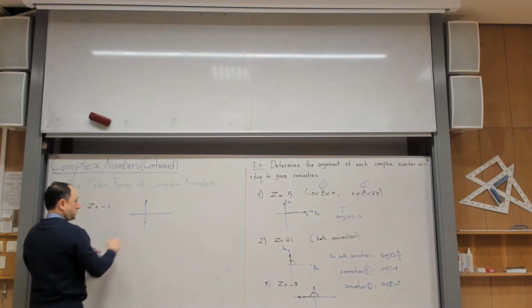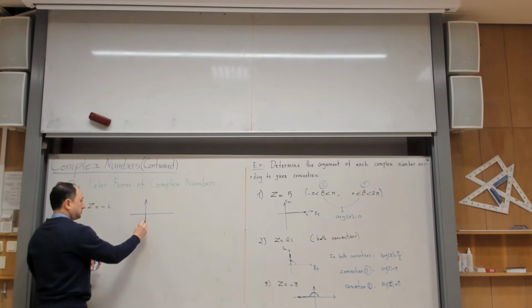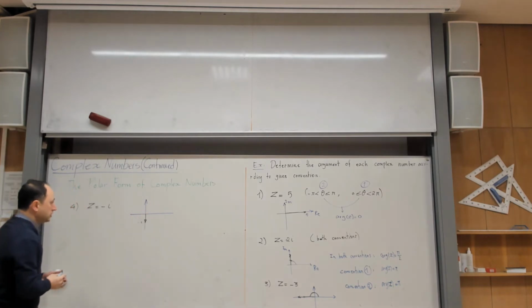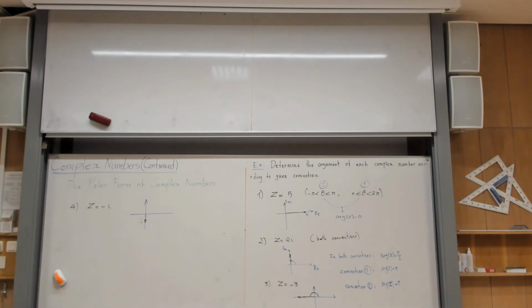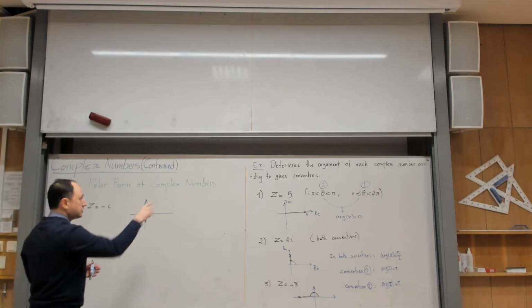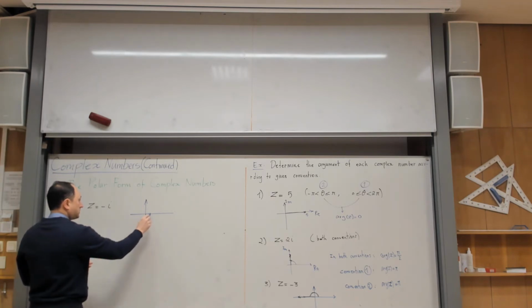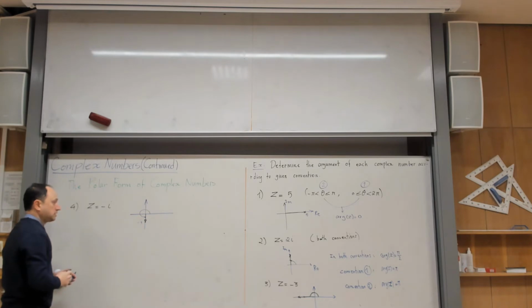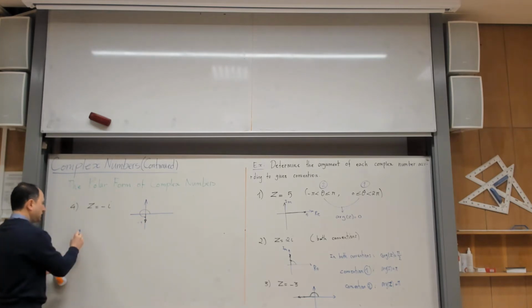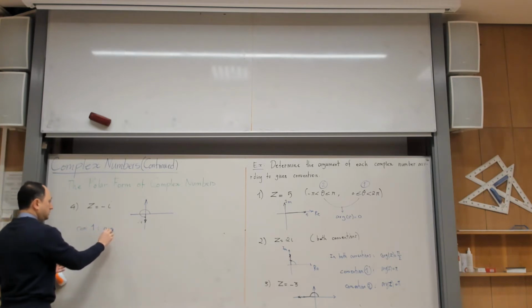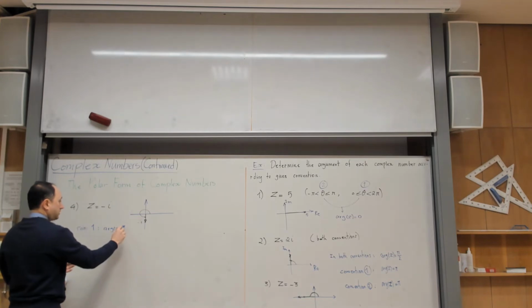This is your point, minus 1 unit, yes? And then you draw this vector. And now the angle is, so it depends in which convention you are looking to the problem here. If you are looking in the first convention, so this becomes this angle, yes? This is the first convention. So in convention number 1, you have that argument of z is 3 pi over 2.